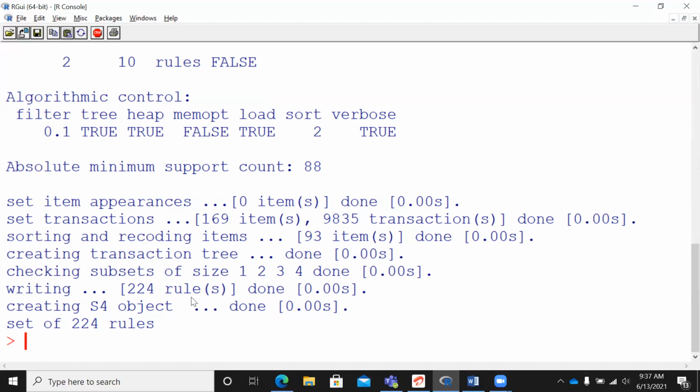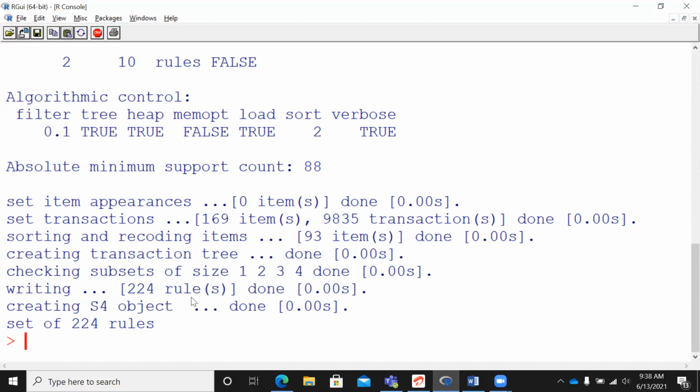I do not know for sure whether there are 2 products or 3 products or more than 3 products that it has found, but it's very interesting to know that there are 224 rules that Apriori has been able to dig out from the data set. And it has not taken a long time to extract 224 rules. As you can see, it has hardly taken milliseconds. So this is about Apriori.